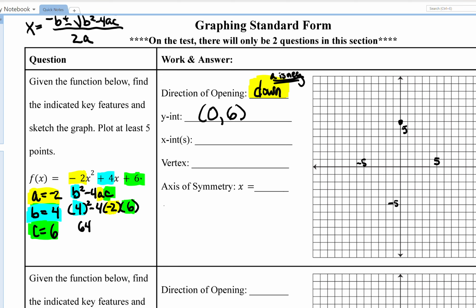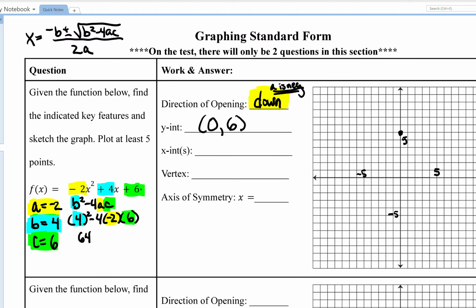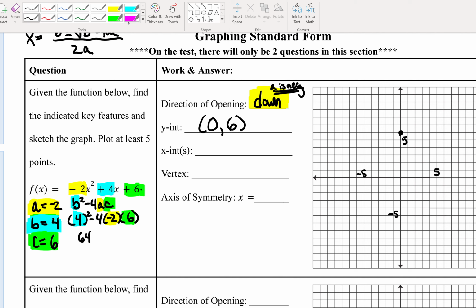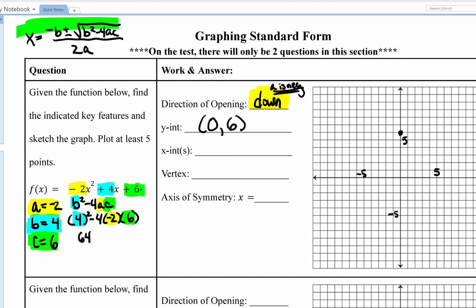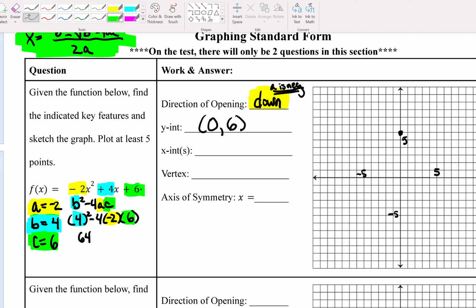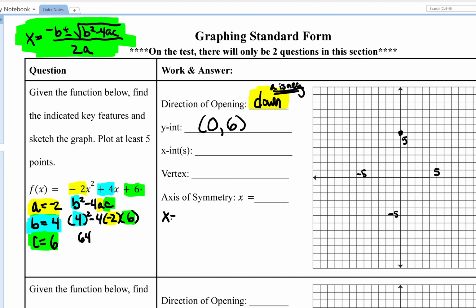This is the quadratic formula up here, so I'm going to plug in those values. x equals negative b plus or minus the square root of the discriminant b squared minus 4ac, all over 2 times a.